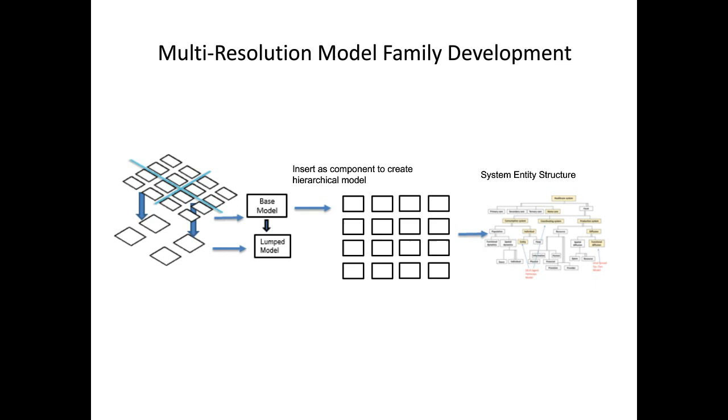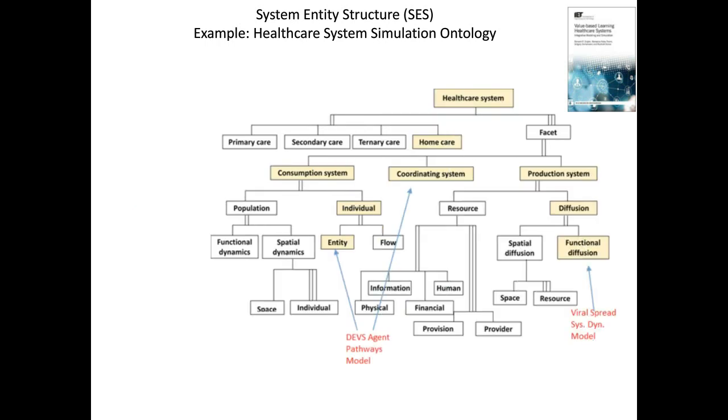So I wanted to just give an example of that with the healthcare system simulation framework that we developed recently in a book with colleagues, where you can see a hierarchical kind of structure.